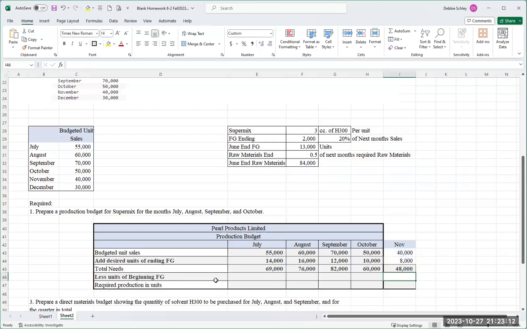Now, less units of beginning finished goods.